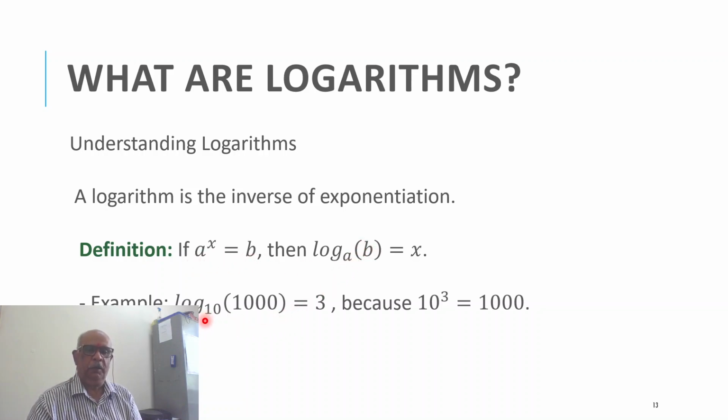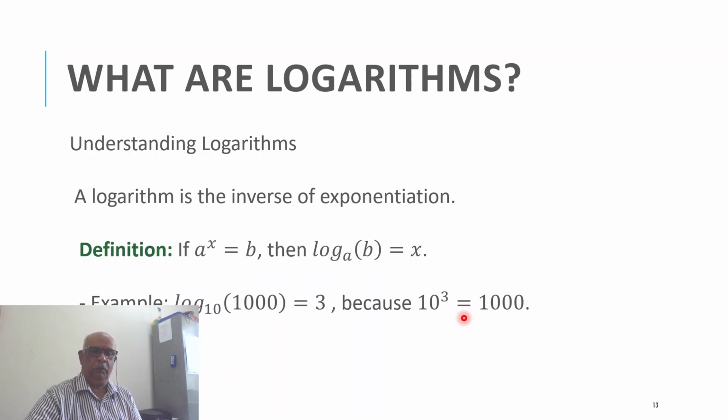So for example, let's say log of 1,000. What we know is 10 to the power 3 is equal to 1,000. So in this case, the log of 1,000 to the base 10 is 3.